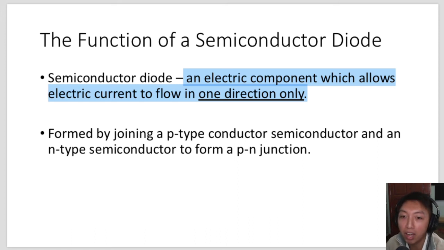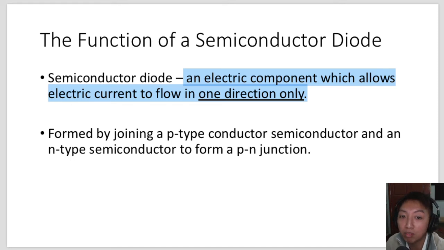So if I were to take a battery, it would only work in one direction. If I were to turn the battery around, suddenly it doesn't work anymore because of the diode. The diode only lets the electricity flow in one direction, just like the thermionic cathode ray tube that we saw earlier.